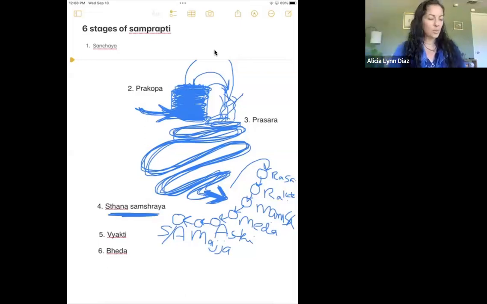And so these 6 stages, they're happening, but they're in process. And that means they can be reversed.